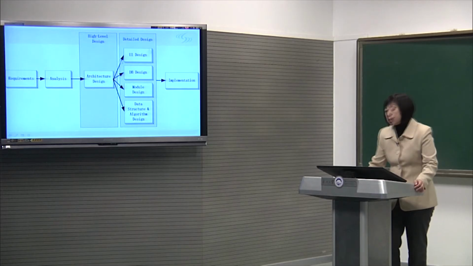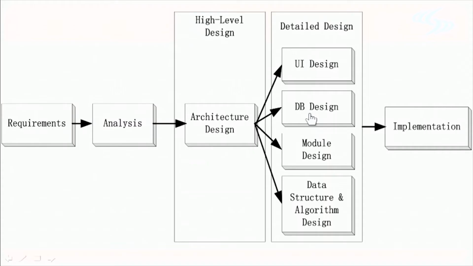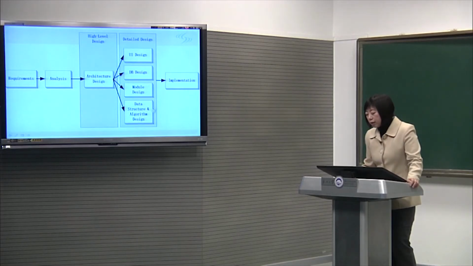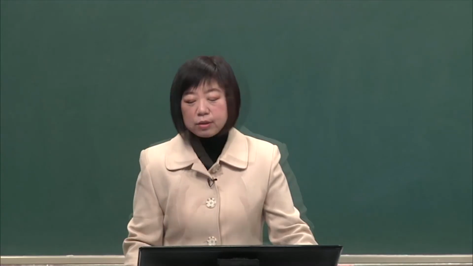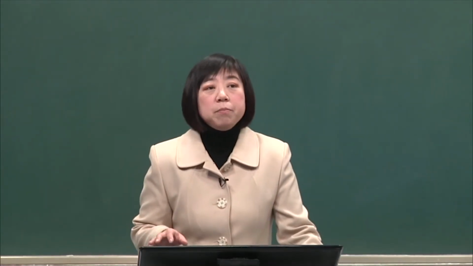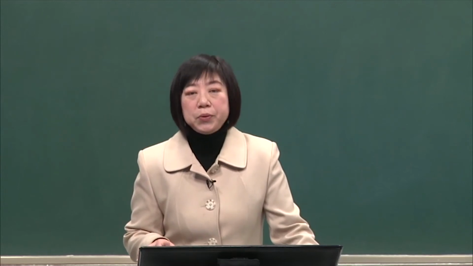And all of these belong to detailed design. So you can understand that after all of this detailed design has been completed, implementation should begin. So that means the design should be implemented in some certain computer language.